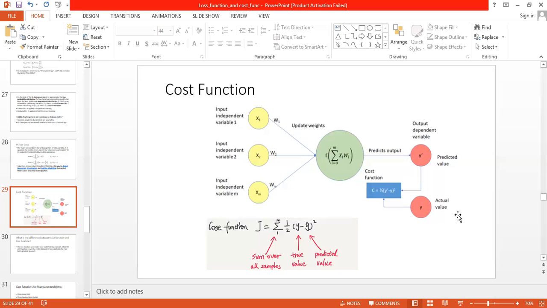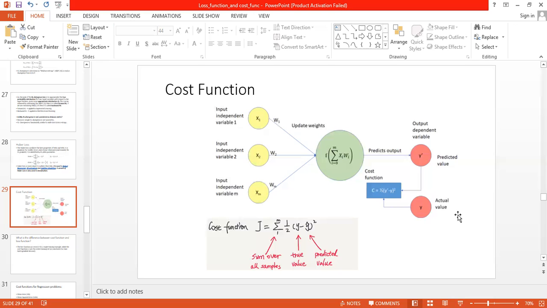But when we do the same process for all of the training set, it is called the cost function. So for one training example it is the loss function, and for the whole model or all the data, it is called the cost function.